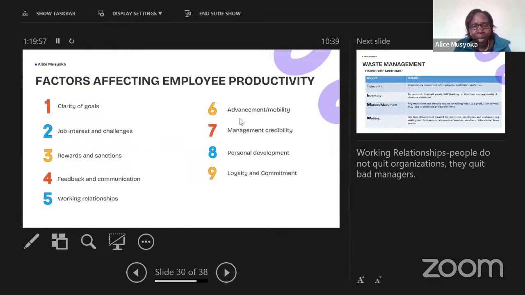Mobility becomes a problem. Career advancement may become a problem. You work on a particular role for years and years and there's no mobility, no advancement. So we need to look into this.